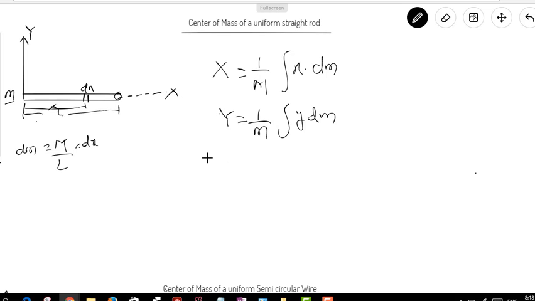So let's replace it. So x will be 1 by m integration of x into m by L dx.